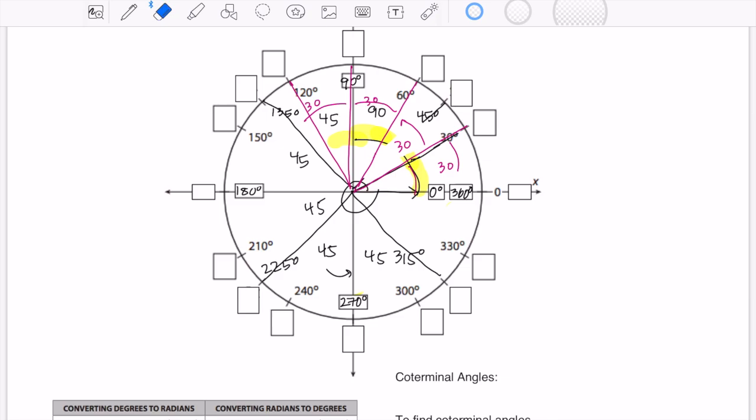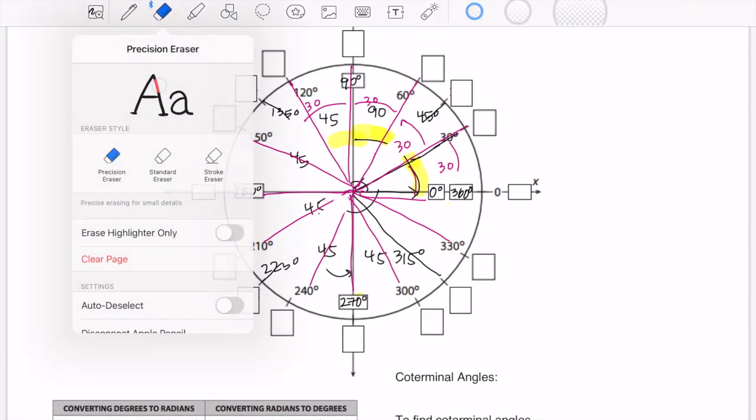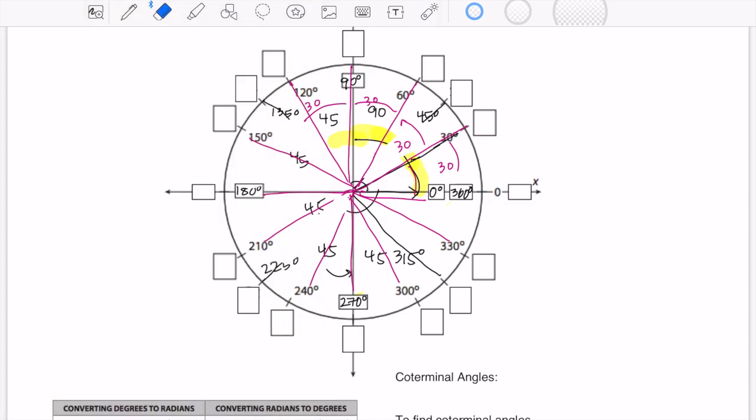Again, we're ignoring that 45-degree angle so that we can see it cut in 3, and then that pattern just keeps continuing through. So you're just adding 30 each time to figure out what those other angles are. They're already written there, so that's why I'm not writing them in right now. We have 300, 330, and that gets us back to 360. It's simply a ratio situation, so you should be comfortable with that.